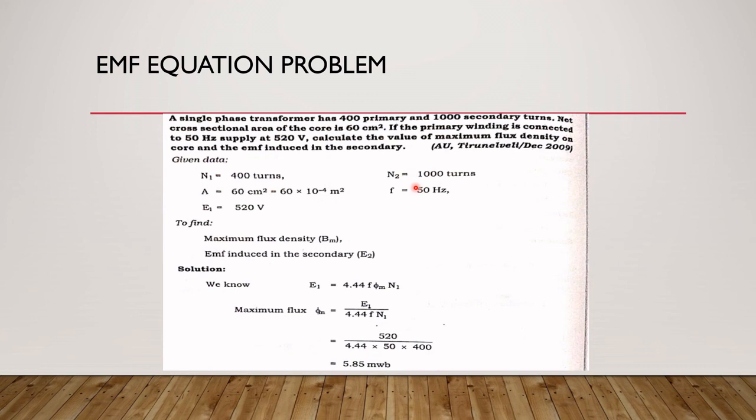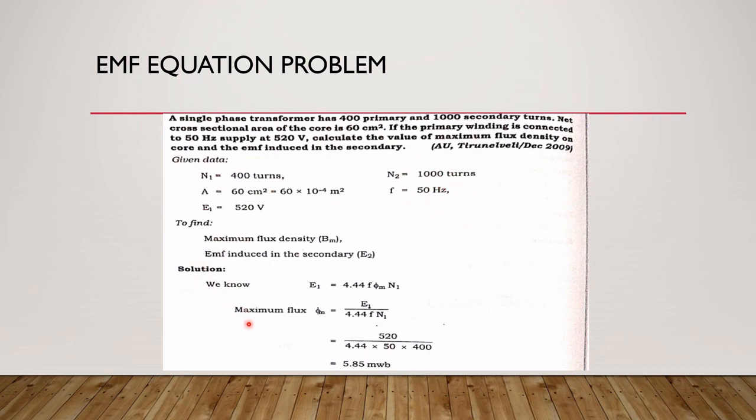The given data: N1 is 400 turns, the area of the core is 60 centimeters squared, which converted to meters becomes 60 into 10 to the power of minus 4. E1 voltage is 520, N2 is 1000 turns and F is 50 hertz.